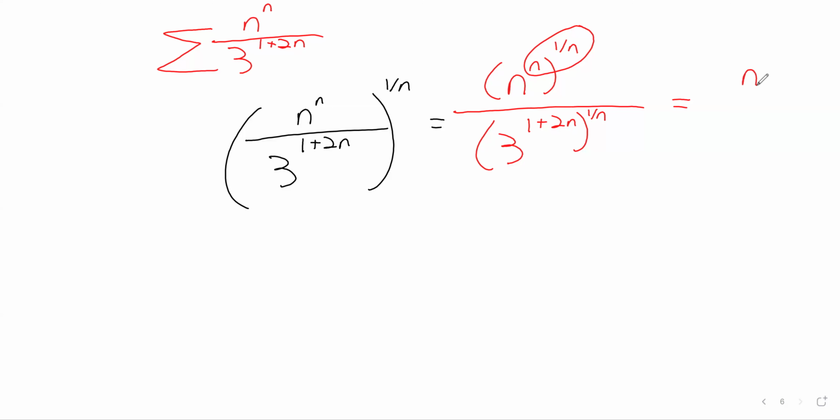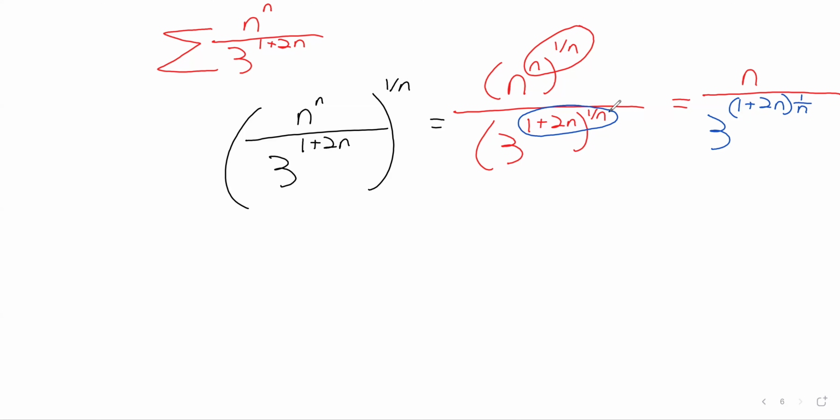We get n. Down here, there's not that immediate simplification. We multiply the powers.